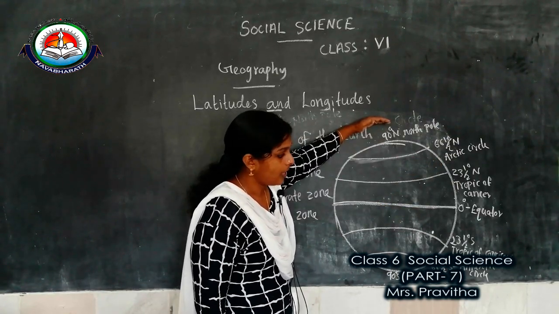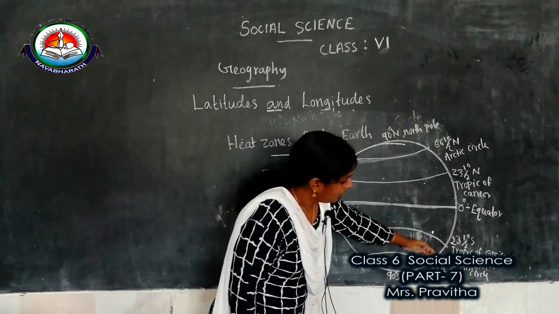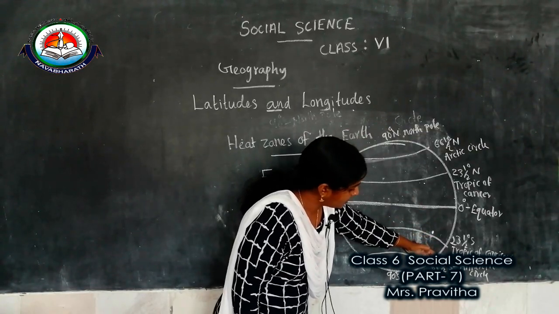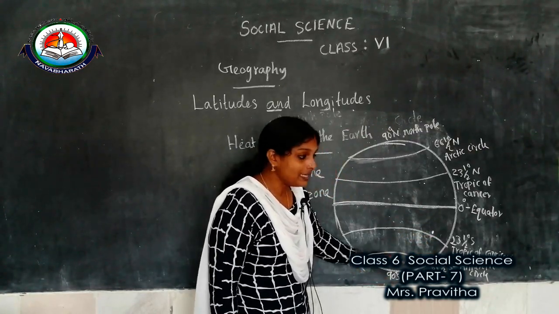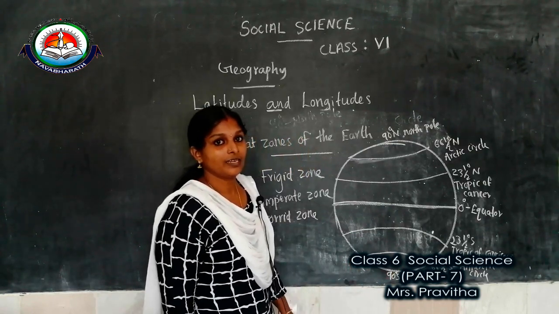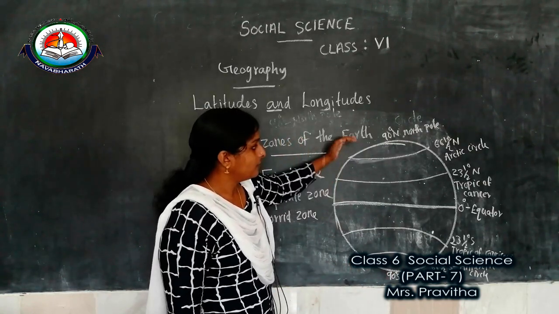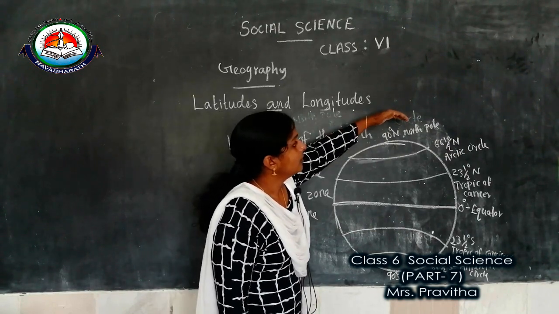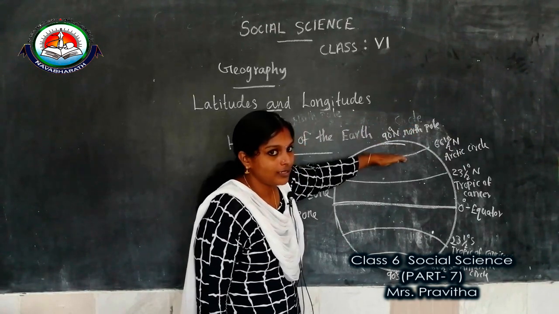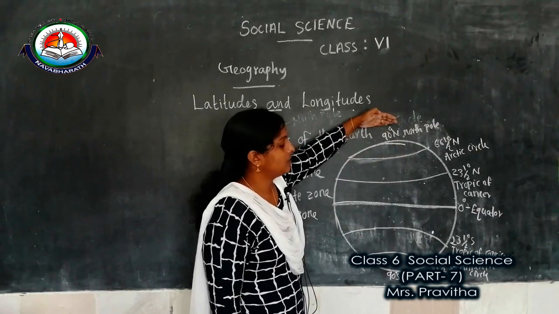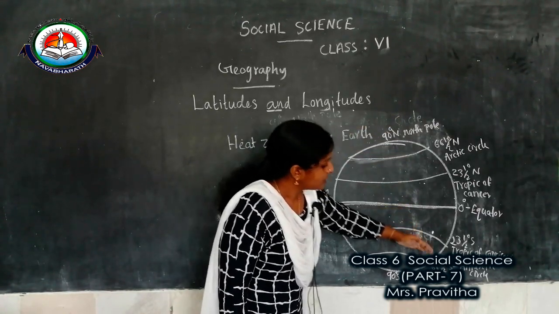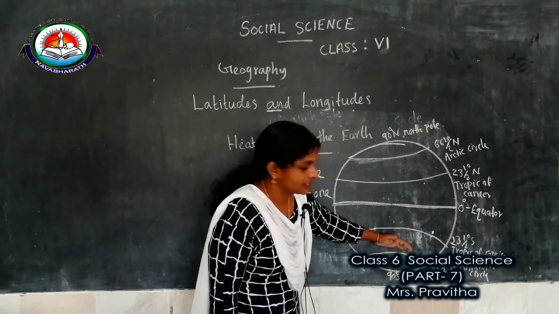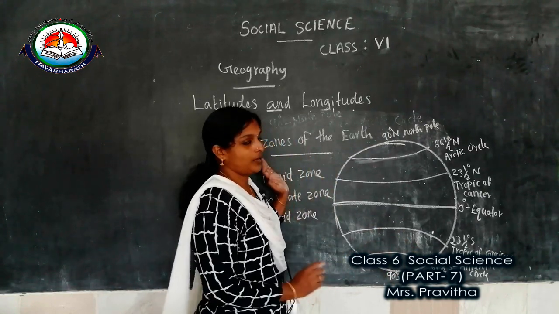And it lies between the Antarctic Circle and the South Pole in the southern hemisphere. Clear? So the frigid zone lies between the North Pole and the Arctic Circle in the northern hemisphere, and the South Pole and the Antarctic Circle in the southern hemisphere.